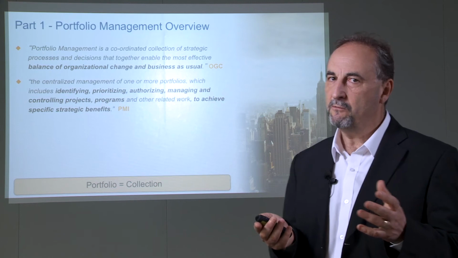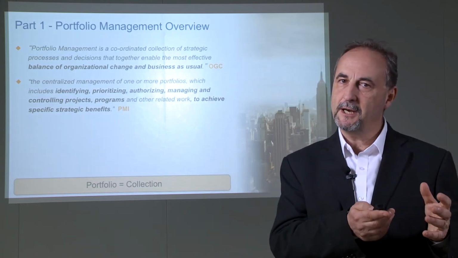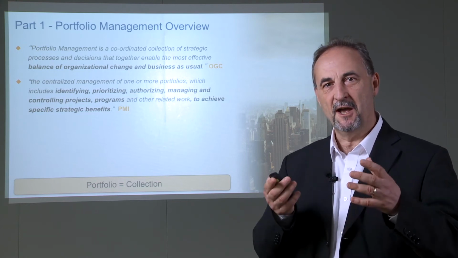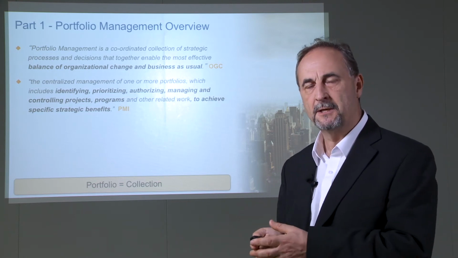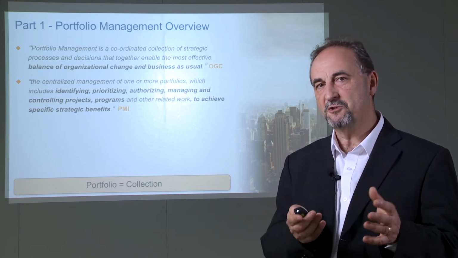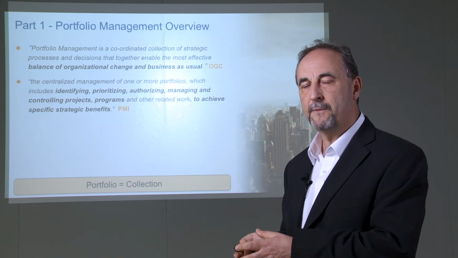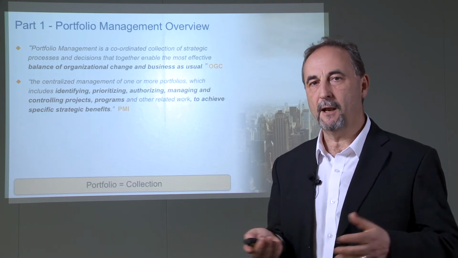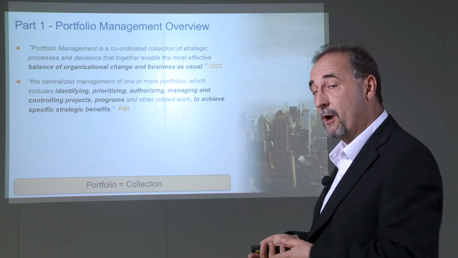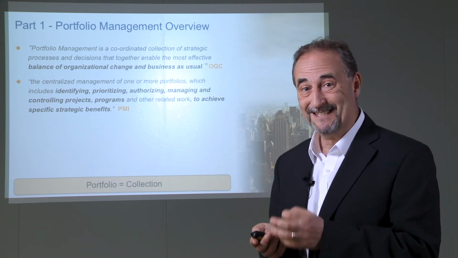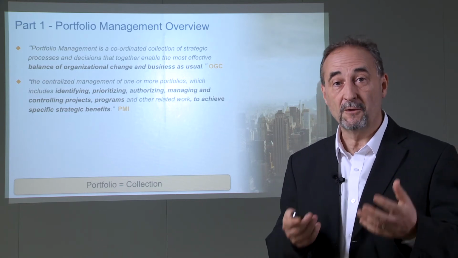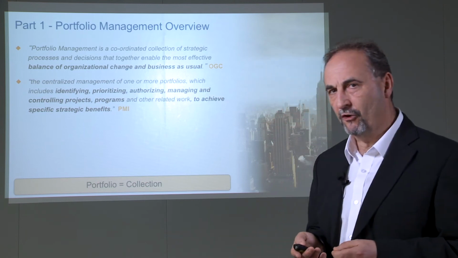So at least in theory, we have projects that deliver products or outputs, and programmes that deliver outcomes and benefits. But a program will only consist of projects which contribute to that specific outcome. The portfolio is wider. It'll be all the projects and programs that we have ongoing to, as the PMI say, achieve your specific strategic objectives. So I think that's a useful insight.